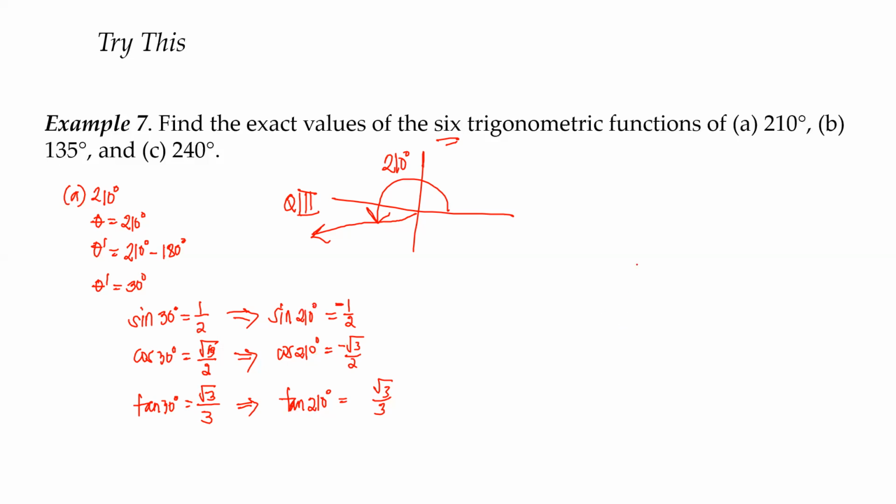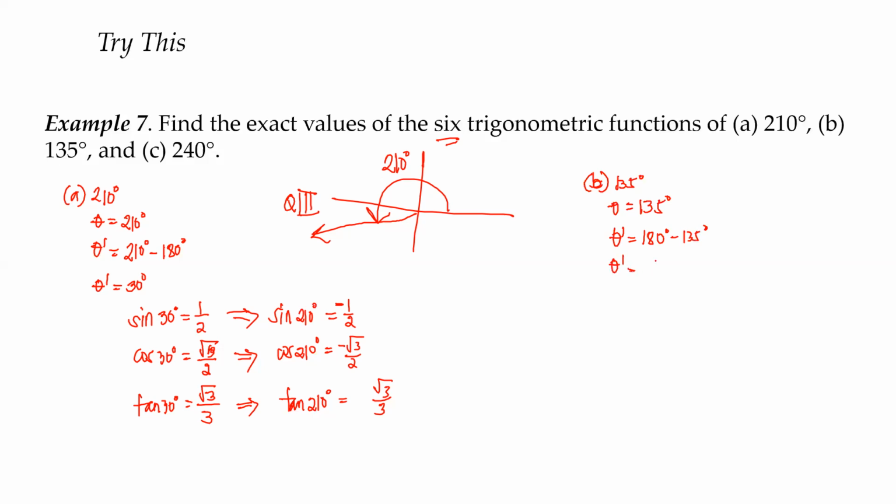Next, letter B. Theta is equal to 135 degrees. So for theta prime, 135 is more than 90 but less than 180. So therefore, this is 180 degrees minus 135.